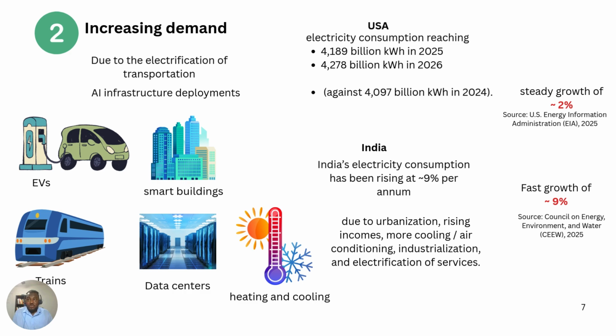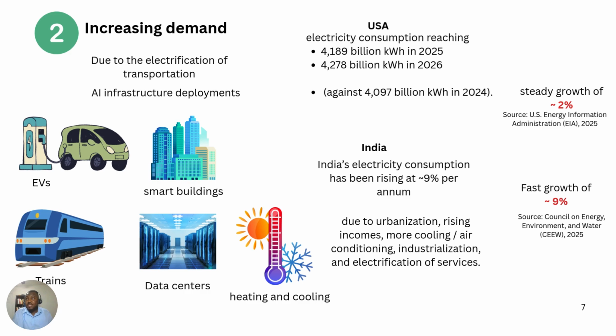And number two of them is increasing demand. As the population of the world continues to grow, and infrastructure continues to change. Previously, all vehicles, or even now, most vehicles run on internal combustion engines, which means that they either use diesel, petrol, or fossil fuel-based energy resources. So, if you run an internal combustion engine vehicle, your car is not relying on the grid to actually power itself.